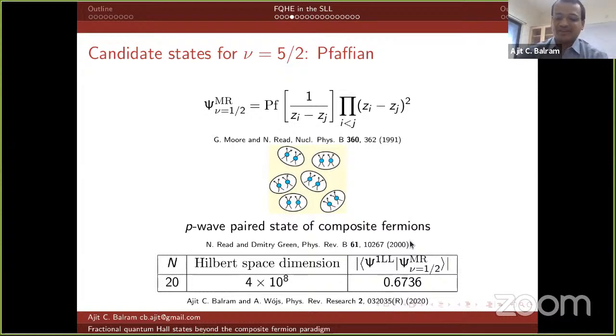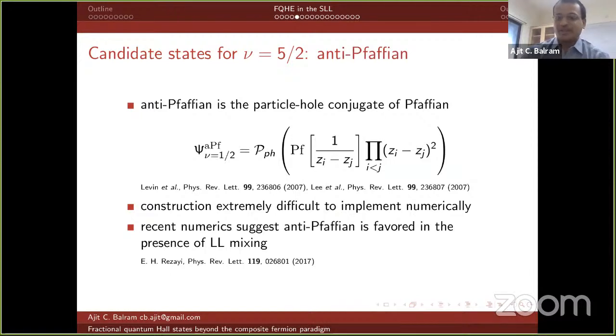Okay, so just like the Pfaffian, there is a close cousin of it, which is the so-called anti-Pfaffian. That is obtained by taking the brute force particle hole conjugate of the Pfaffian. And it seems like if you break this particle hole symmetry using something called Landau level mixing, for example, in any experiment you always have some finite magnetic field, so there's always some possibility of the electron to hop into some higher Landau level or even lower Landau level. That changes the interaction to some three-body interaction.